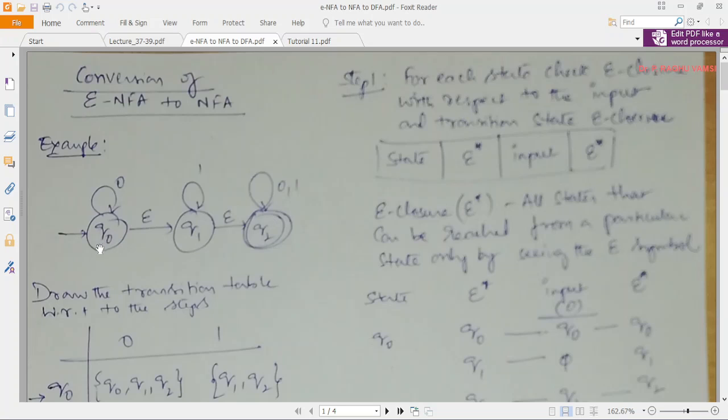So the epsilon closure of Q0 is Q0, Q1 and Q2. This is what the epsilon closure is.